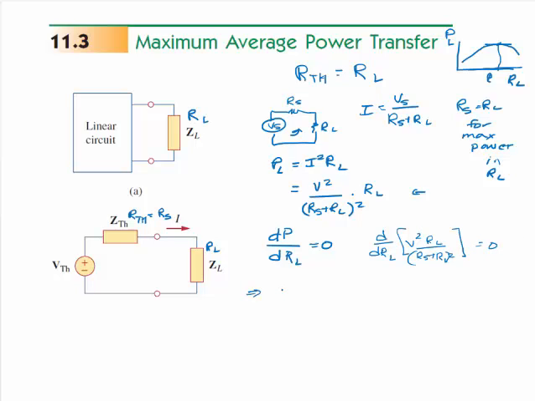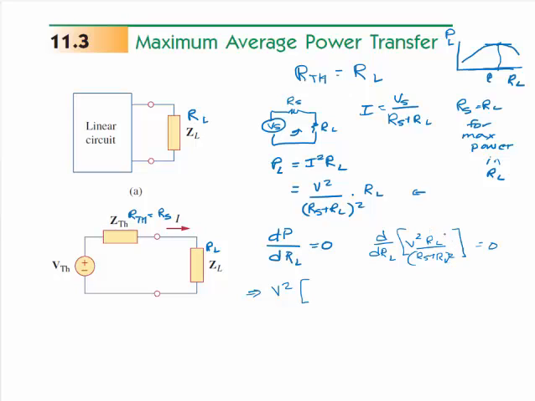Continuing on, V squared comes out in front of the derivative operator, and then I'm going to do derivative of the first times the second, plus derivative of the second times the first.